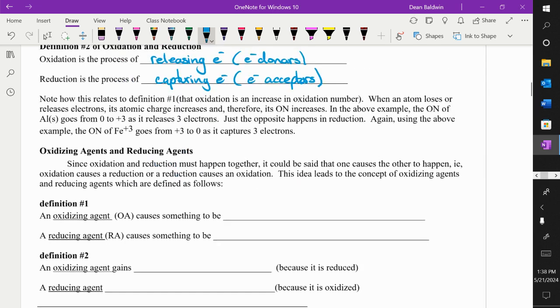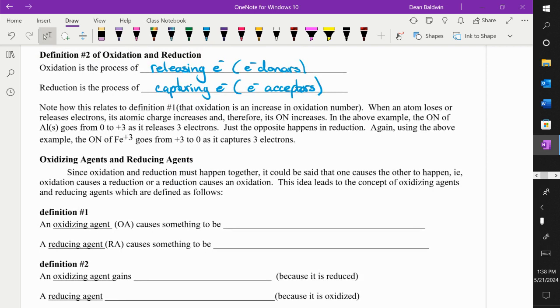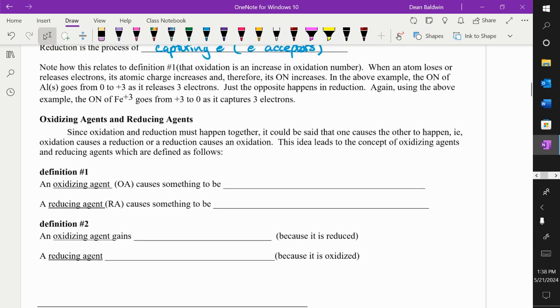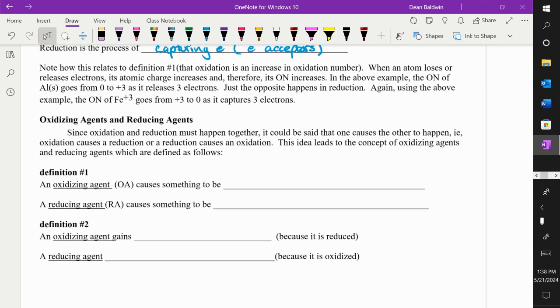Oh, okay. Oxidation, reduction, oxidizing agents, reducing agents. This is where things will get a little confusing. An oxidizing agent causes something to be oxidized. And this is the confusing part. If you're an oxidizing agent, you cause something to be oxidized, which means you caused it to lose electrons.